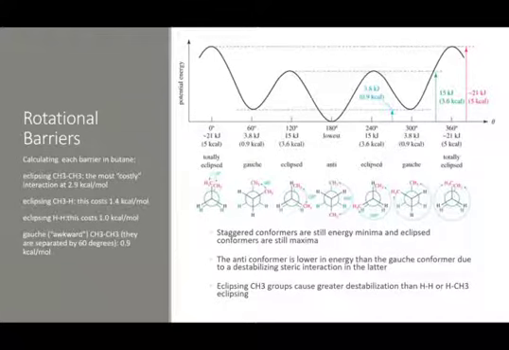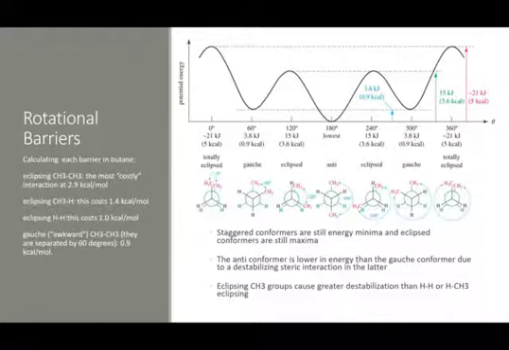So the diagram for butane looks a little bit different. Its rotational barriers are going to be dependent on where those two methyl groups are. Now that we have two methyl groups, it's going to change a little bit.